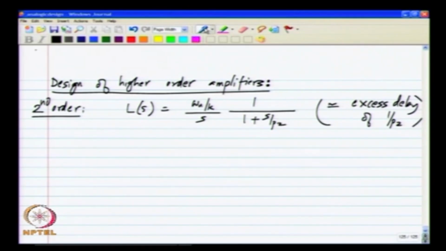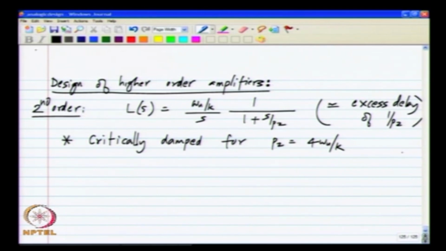And for this particular system, we know that the system is critically damped for P2 being 4 omega u by k.